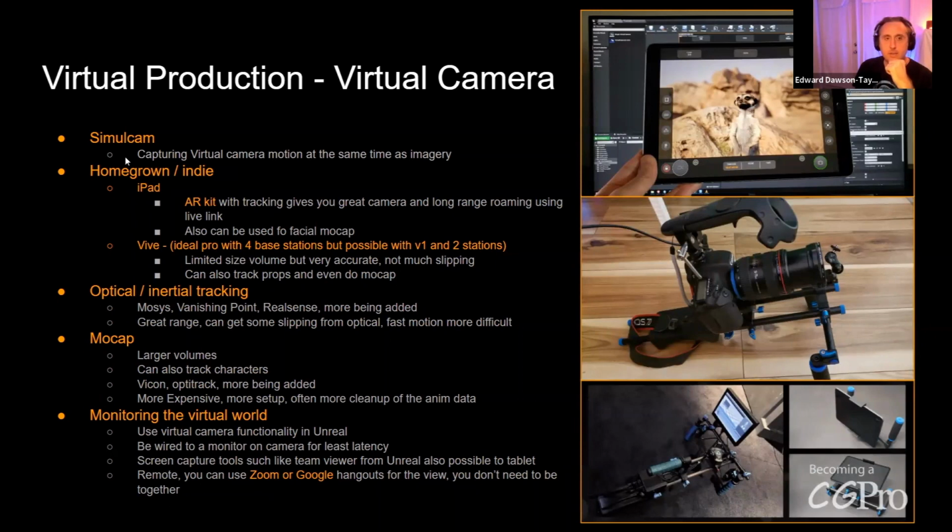You can also put a controller or a tracker of some sort on the camera, like in this image here, whether it's as cheap and indie as a Vive or going up to the more high-end options, some of which are listed here, things like Mo-Sys and Vicon, for being able to be in a larger volume and track multiple types of things.